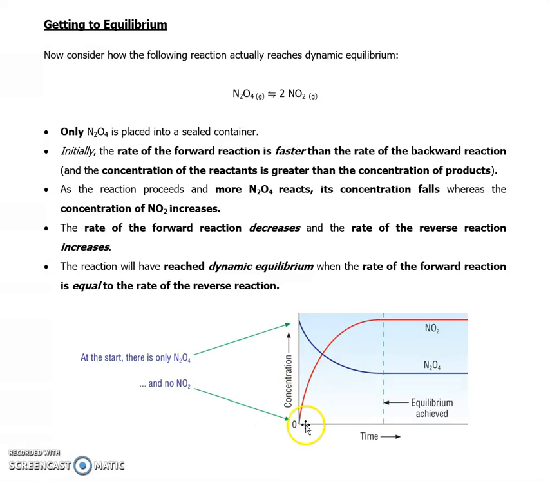Conversely, the formation of the NO2 is increasing all the time until it gets to this point where it starts to taper off and the gradient becomes less and less, and we reach a point where we have a zero gradient. This means that the concentrations of the NO2 and the N2O4 are constant, and this means that the rates of the forward and the reverse reactions are exactly the same.